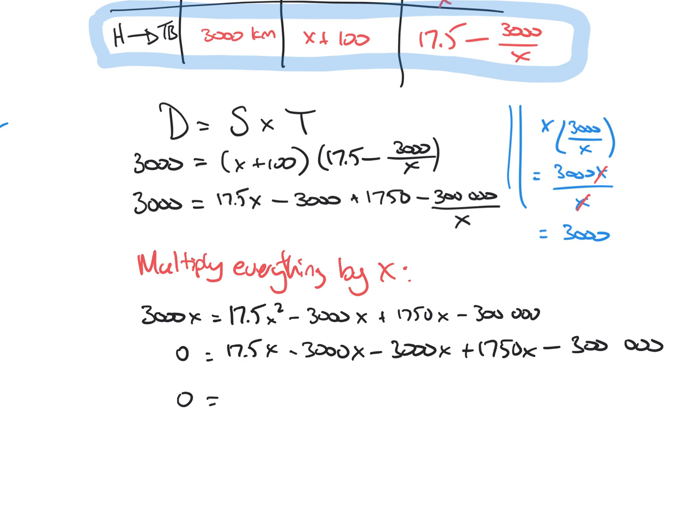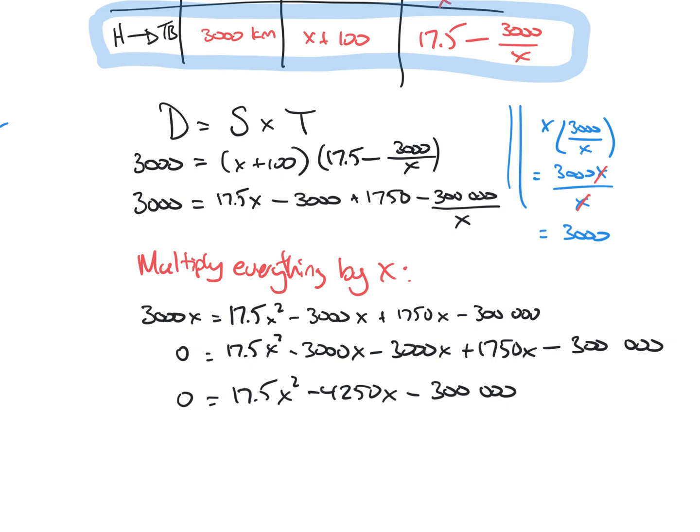So we're going to get 17.5x squared. I did forget it on the line above, I just corrected it. Minus 1,250x minus 300,000.